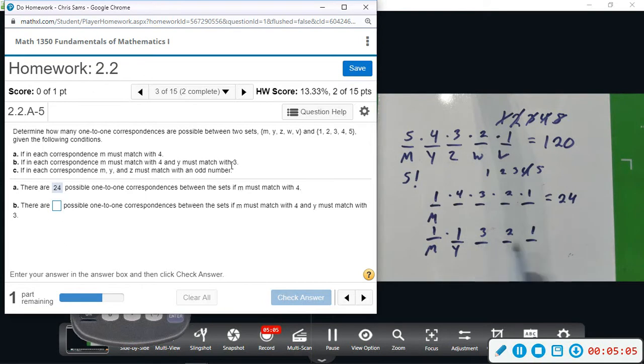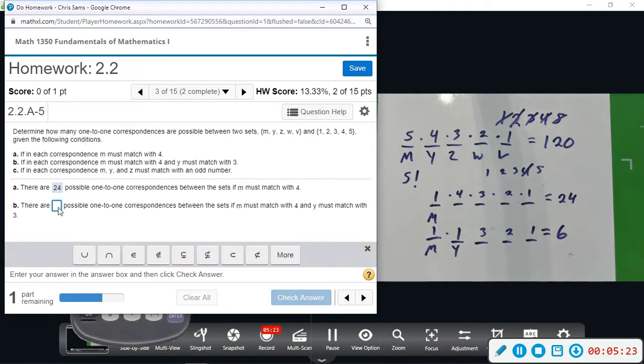I'm not saying that 3, 2, and 1 are the numbers, but they have 3 different options. So 3 times 2 is 6, times 1 is still 6, and times 1 two more times is still 6. So we get 6 if we restrict 2 of them.